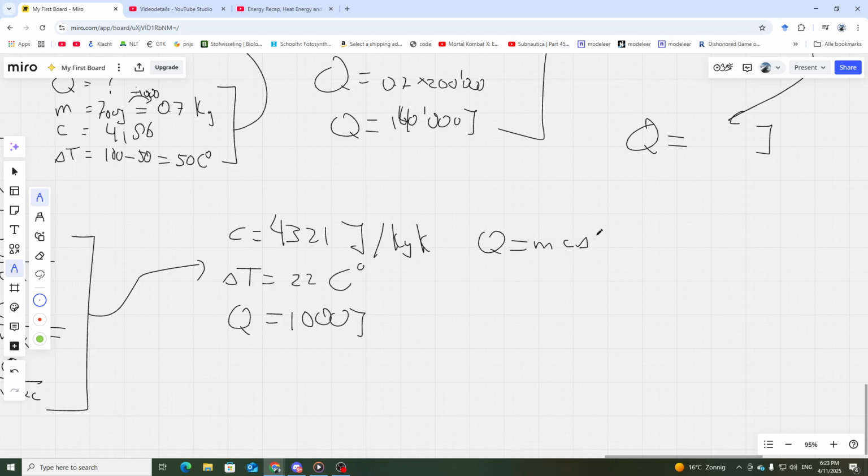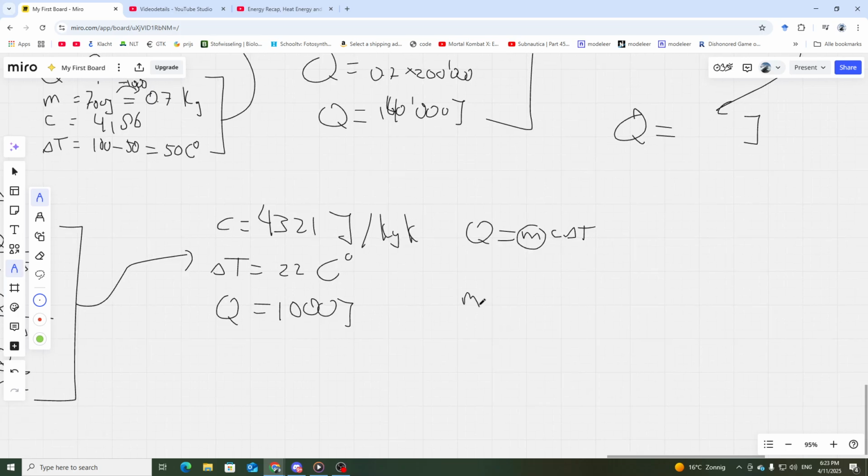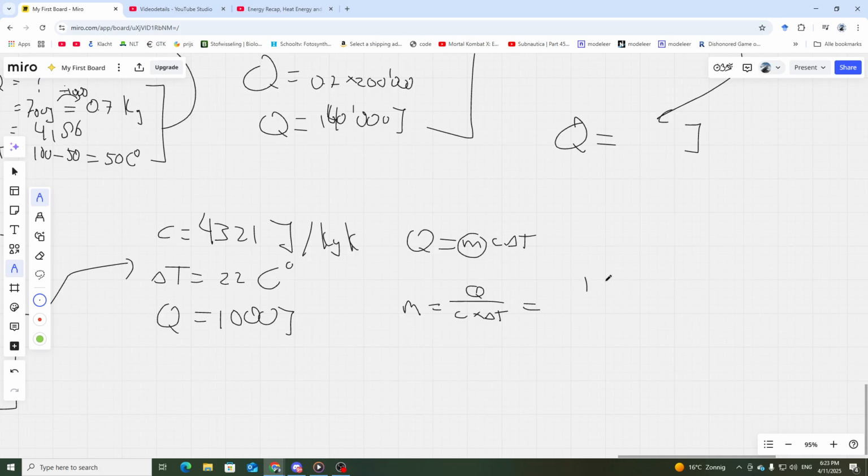So then again, I take inventory. I see this is my formula. What don't I have? I do not have M. So I go back to my triangle, cover the M, and I see it's Q divided by C times delta T. M is equal to Q divided by C times delta T. And now I just fill these in. My Q is 1,000 joules.